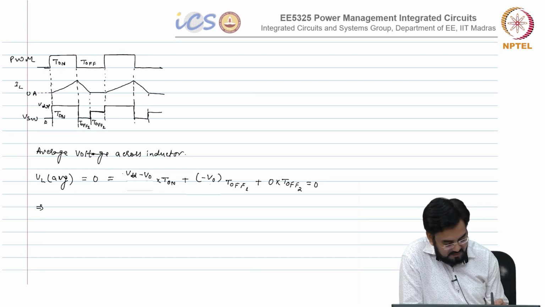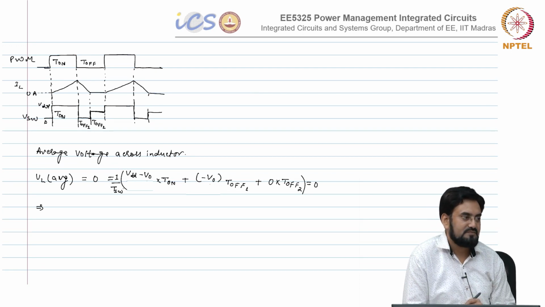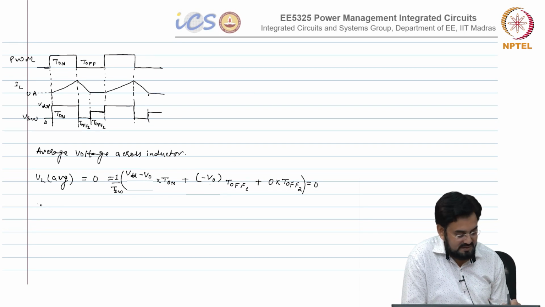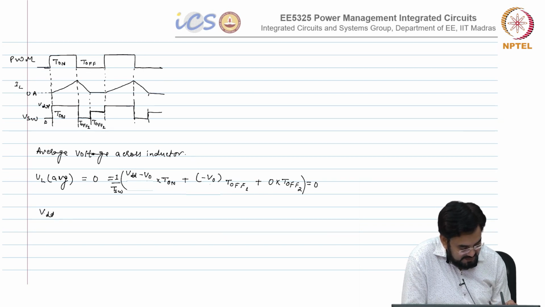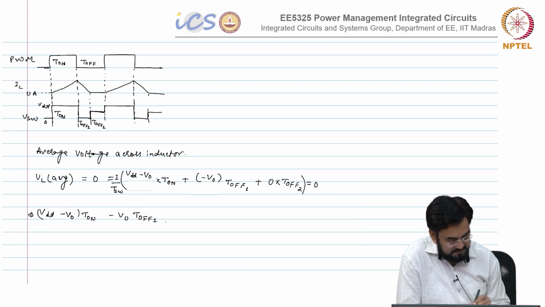And divide by one over TSW. That is your average voltage. So L and TSW will go away. That is common to both the voltages during T on and T of 1. So leftover will be VDD minus V out into T on minus V out T of 1.